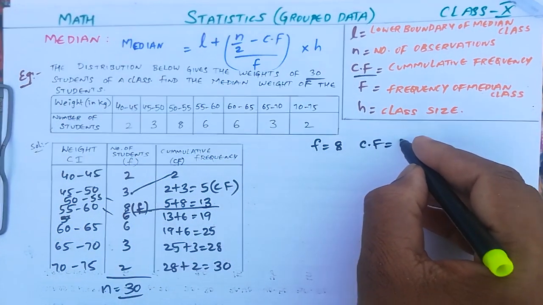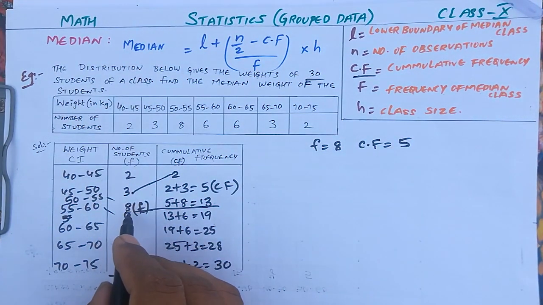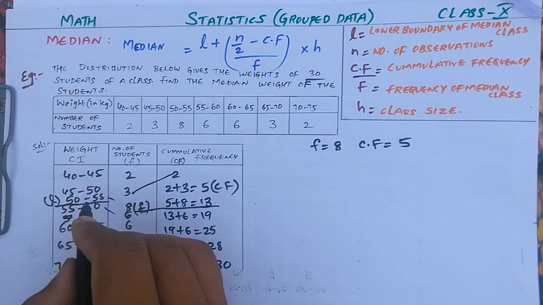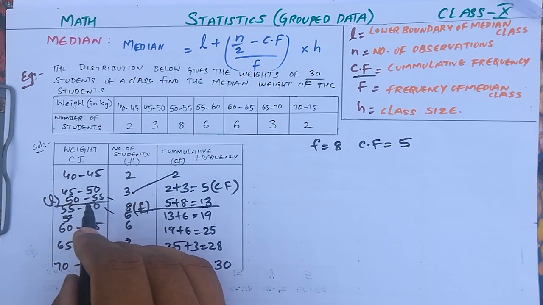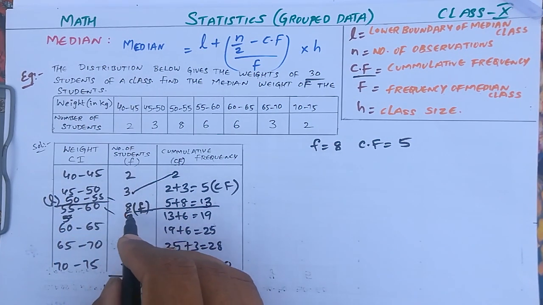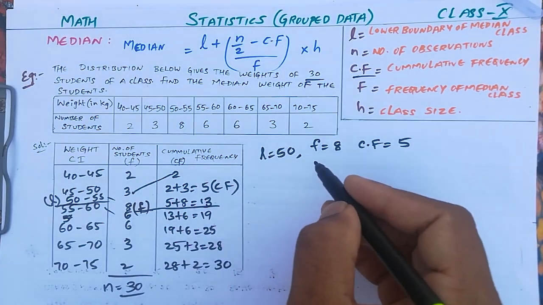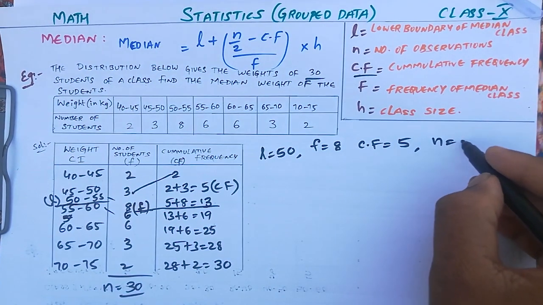So the cumulative frequency is 5. And the L value is the lower limit of the class interval beside that frequency value, 50 to 55, the third observation. So L equals 50, the lower boundary.